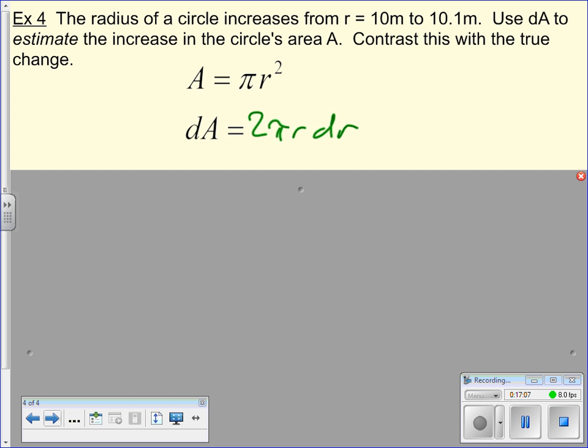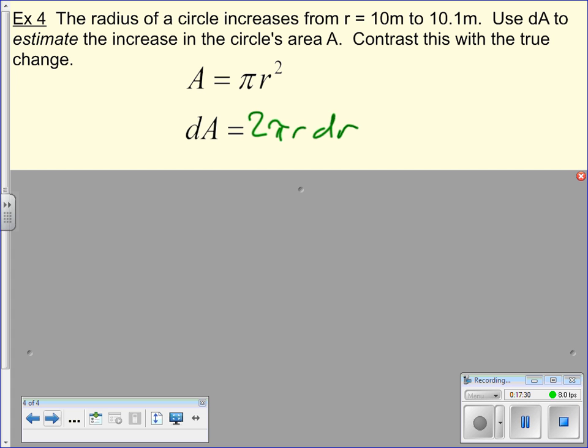Okay. Because what am I taking? What's the variable? R. Okay. So what I have now, my top equation is an equation that relates area to radius. My bottom equation relates the change in area to the change in radius at a particular radius.